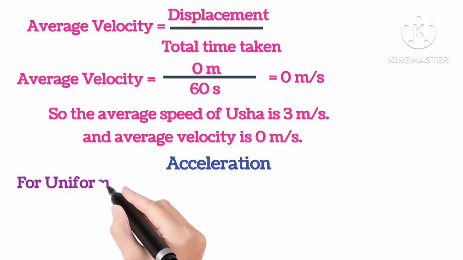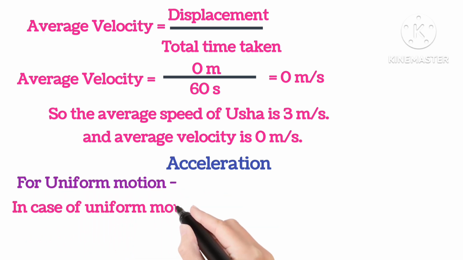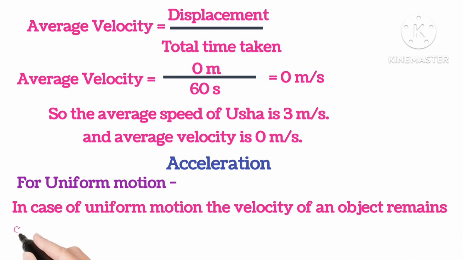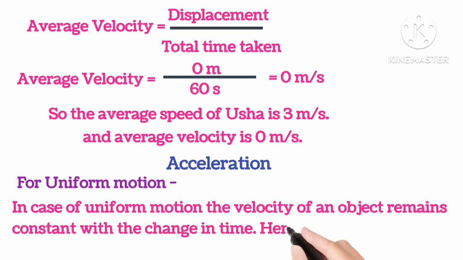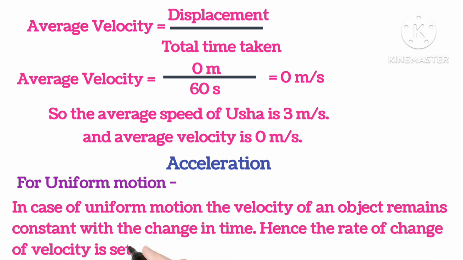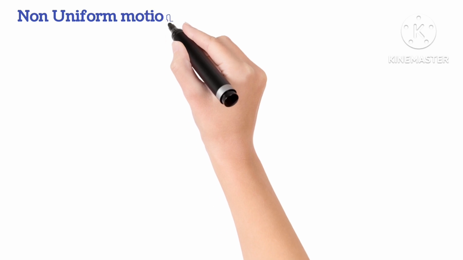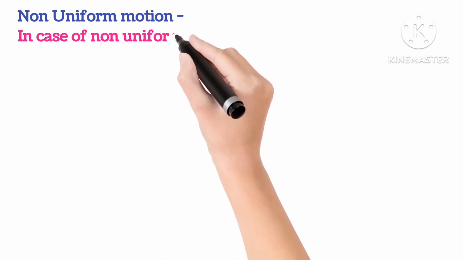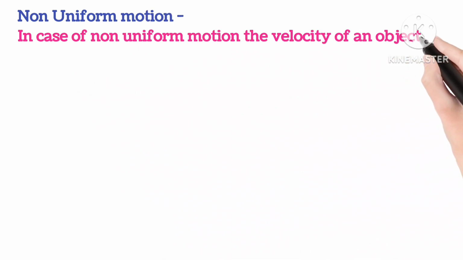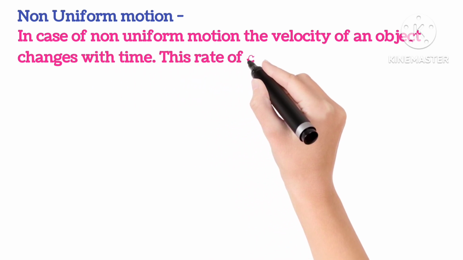Acceleration. In case of uniform motion, the velocity of an object remains constant with change in time. Hence, the rate of change of velocity is said to be 0. In case of non-uniform motion, the velocity of an object changes with time.